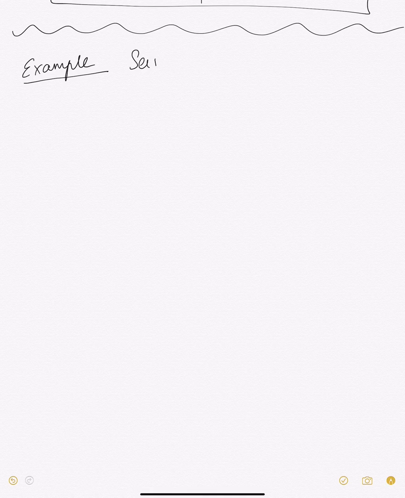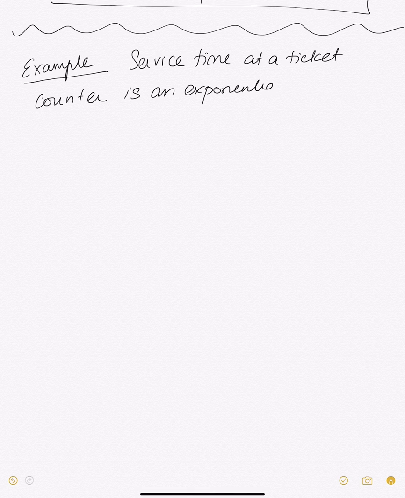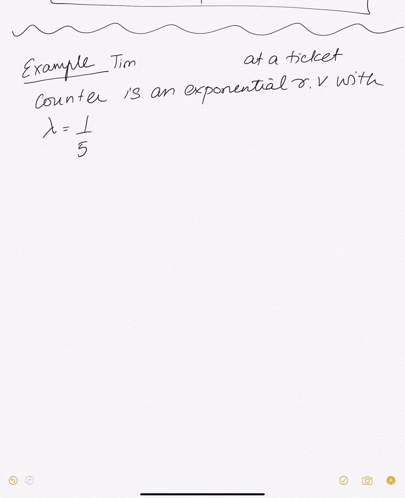So the time that you're served at a ticket counter is an exponential random variable with lambda equals 1 over 5.